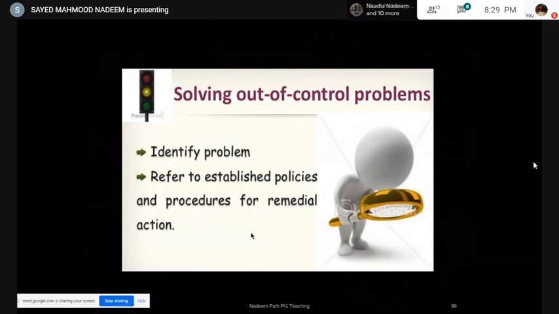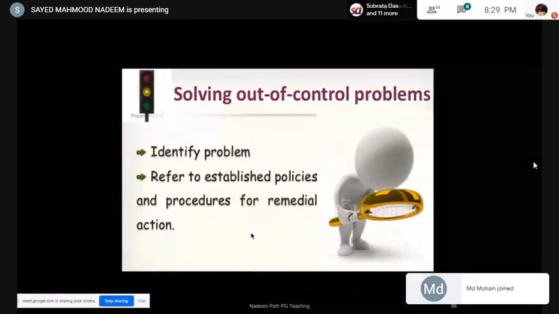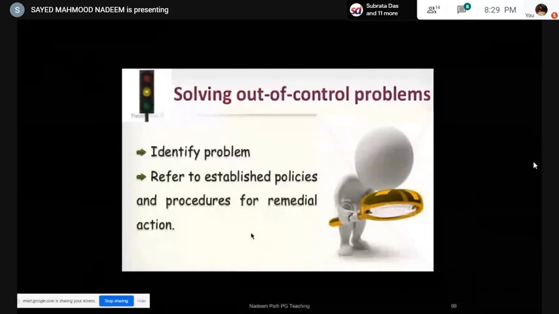And in the evening at 4 or 5 o'clock, when we run the second control, this control is not fine. So what remedial action do we need to take? How do we need to go about it? And how do we need to solve the problem? So that will be our quest for the next day.